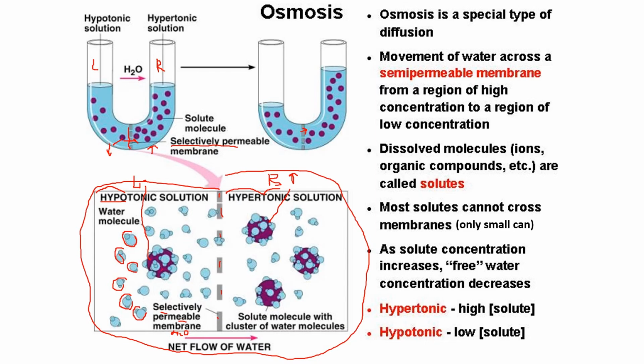On the right side, in the hypertonic solution, we have more of these red molecules, and because of this, we have less free water. So on the left side we have a lot of free water, and on the right we have less of this free water.